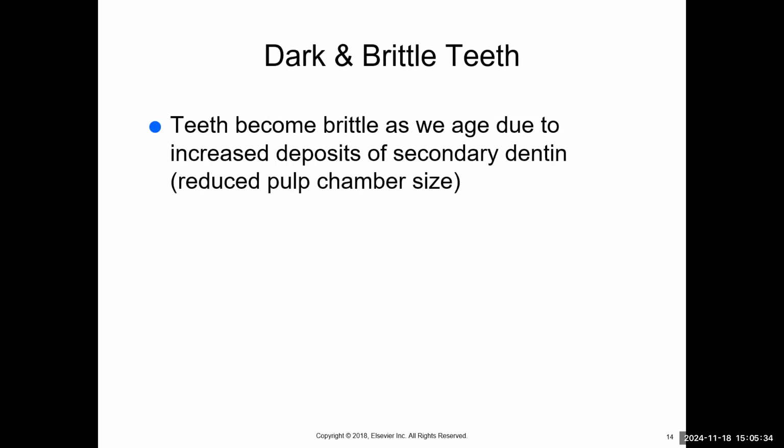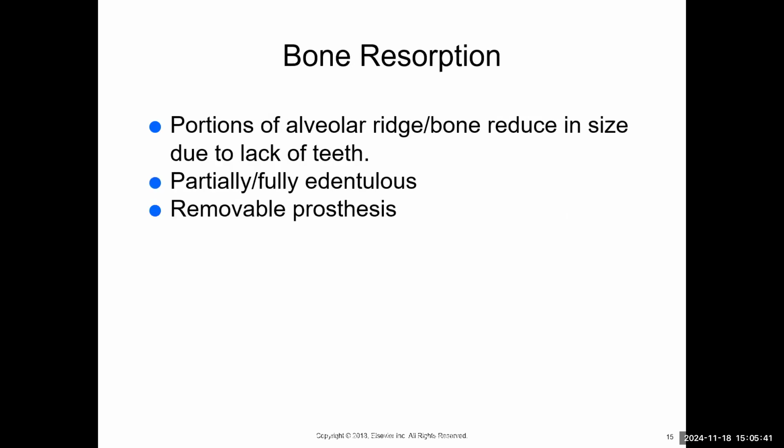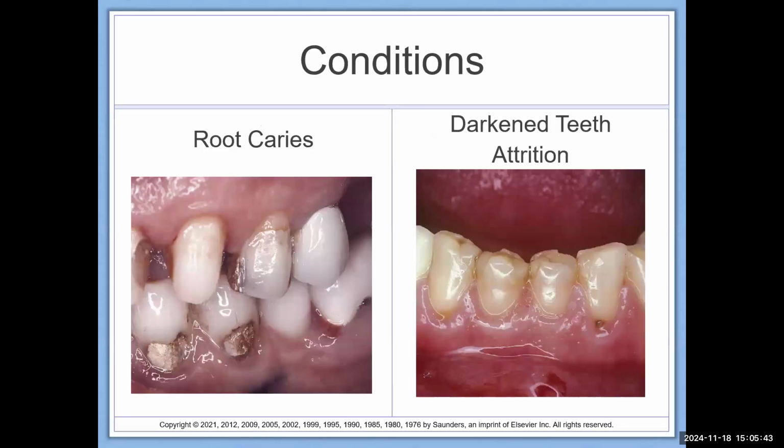Teeth become brittle as we age due to increased deposits of secondary dentin, and that's reduced pulp chamber size. We mentioned this already. We also mentioned bone resorption. And as you can see here, root caries, in this case, some of it is caries, but there are some areas that have been filled with some gold filling. But then look around it.